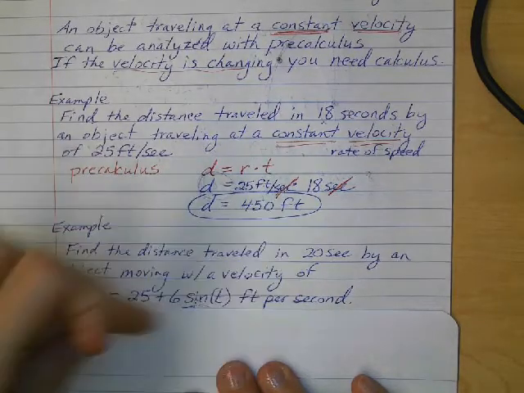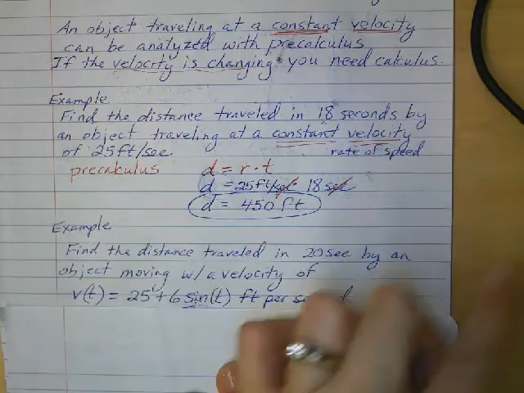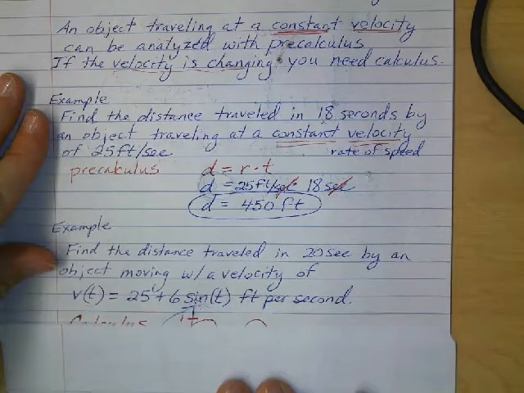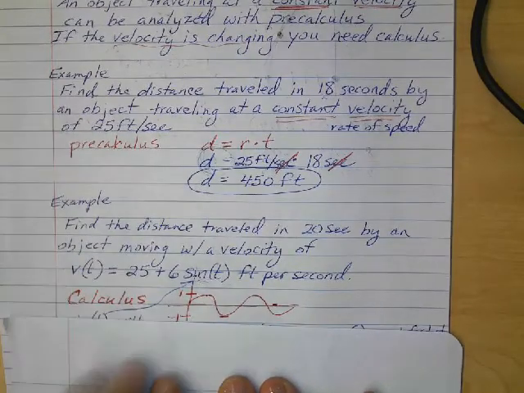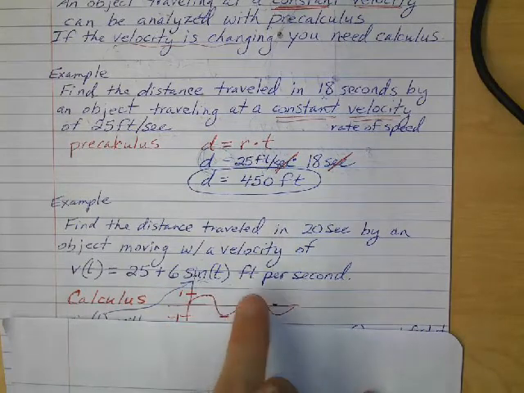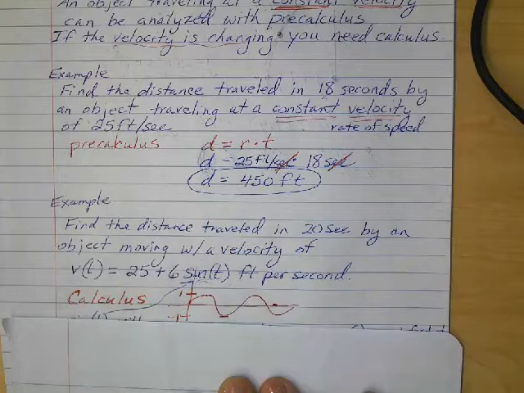This is not a constant velocity. We know the sine curve goes up and down and changes. So this is a calculus problem, and I've just drawn the sine curve here to kind of review and remind you that would be a changing velocity because the sine curve oscillates up and down.